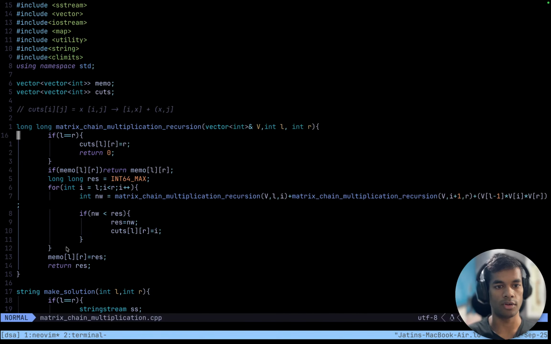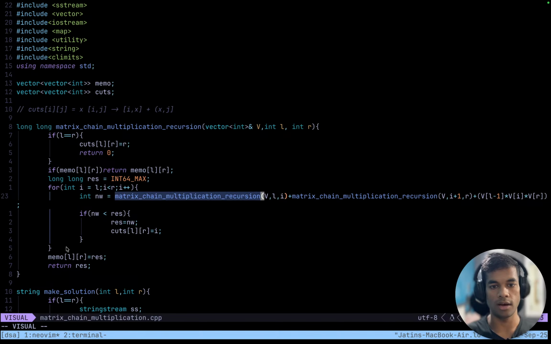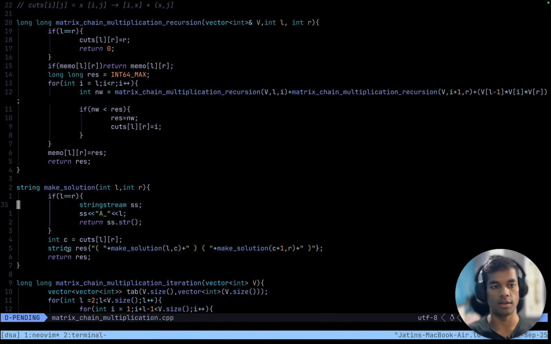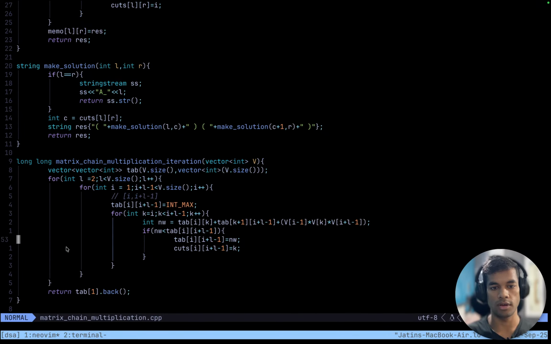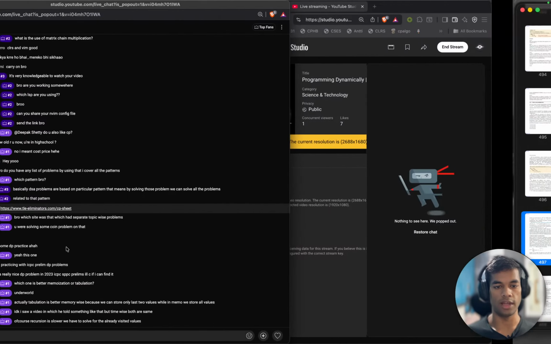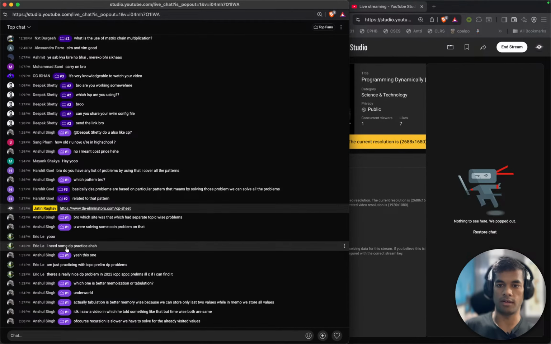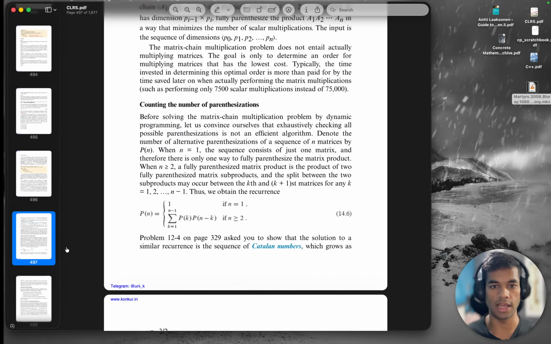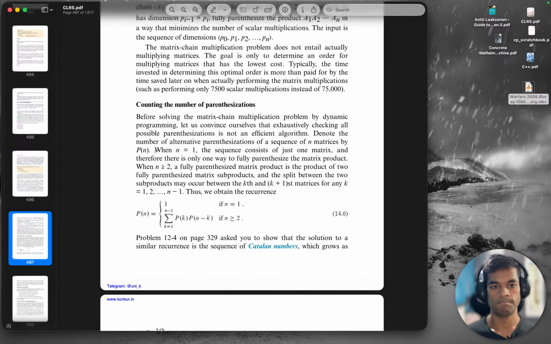But in recursion, when we are getting the new answer, we are calling a function, and calling a function is slower than accessing some value in a matrix. So that is why recursion is slow, not because we are recalculating something that we already calculated.